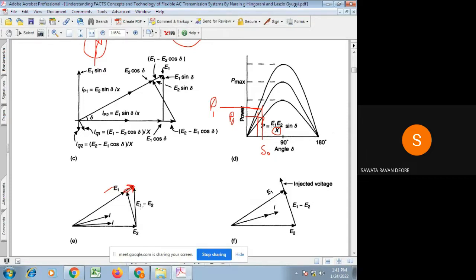The voltage drop across the transmission line, EL, which is equal to E1 minus E2, changes from this position to this position.